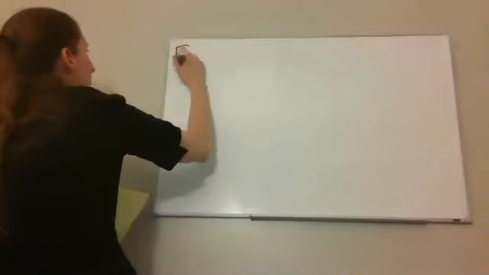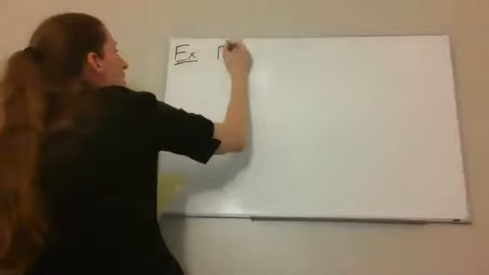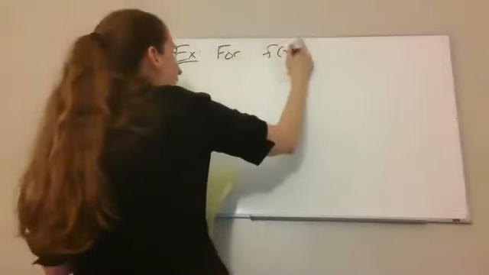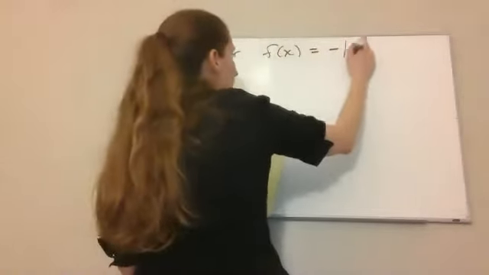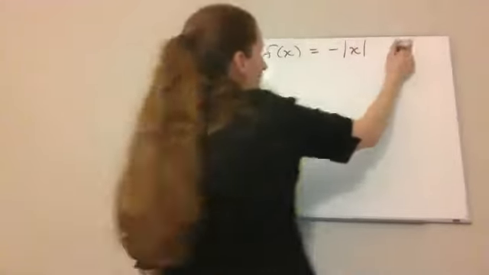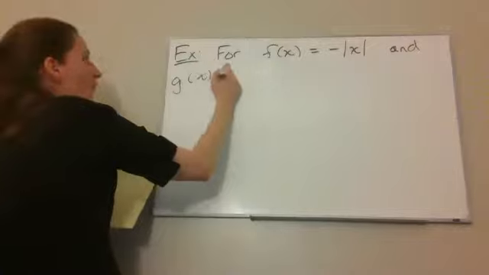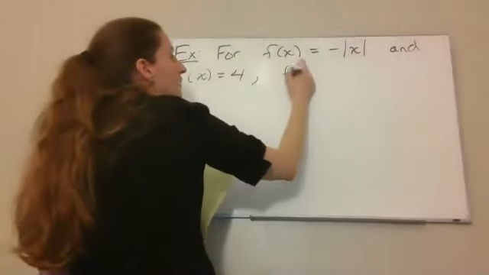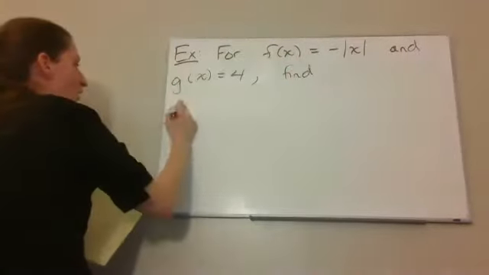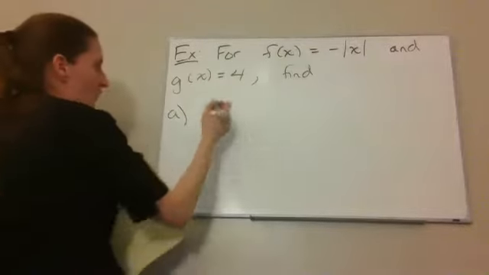So example, for f, which is negative absolute value of x, and g, which is 4, we're going to find all of these different combinations of functions.